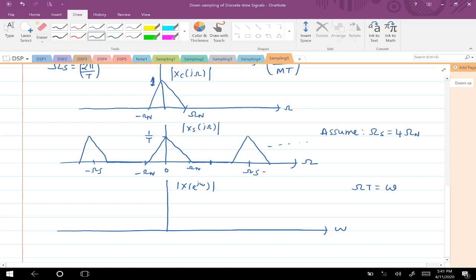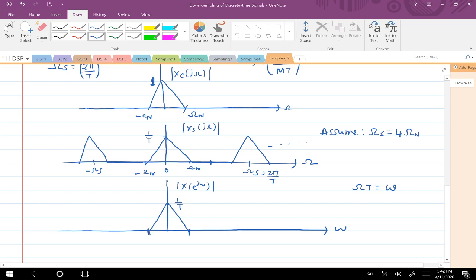So this is in fact 2 pi by T, right? I will get this magnitude as 1 by T along the y-axis, there is no problem. What would be this value?